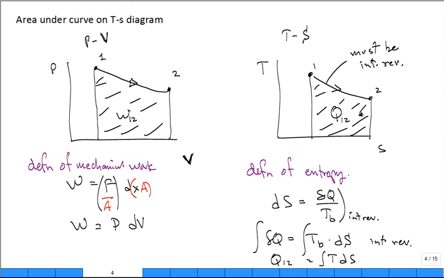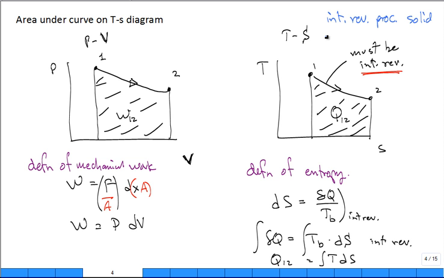Now, because it's limited to only being for internally reversible processes, the textbook, and a lot of textbooks, will have a notation difference: if it's an internally reversible process, use a solid line.